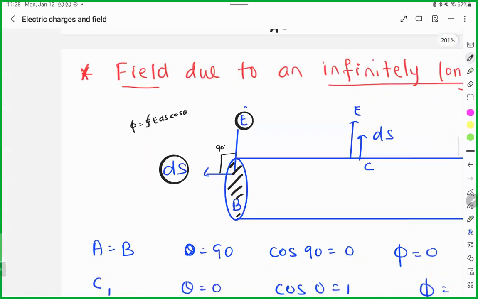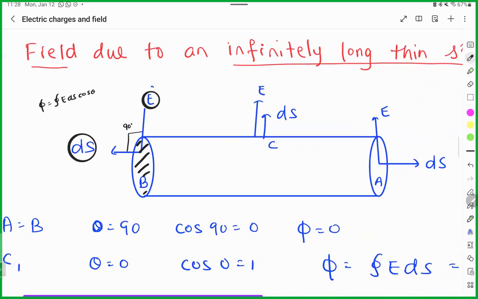Okay, in this case, see the surface here. If you have charge, then the electric field is at 90 degrees to the surface, outward. Here, the angle is 90 degrees, cos 90 is 0. Here the electric field is outward and the area vector is outward, so the angle in this case is 0 and cos 0 has value 1.